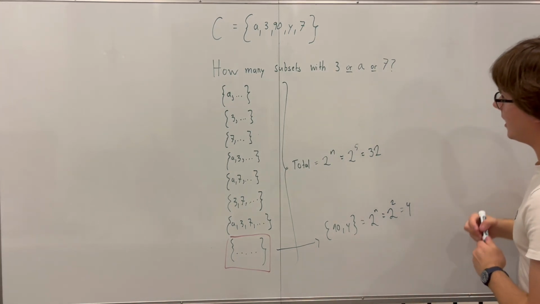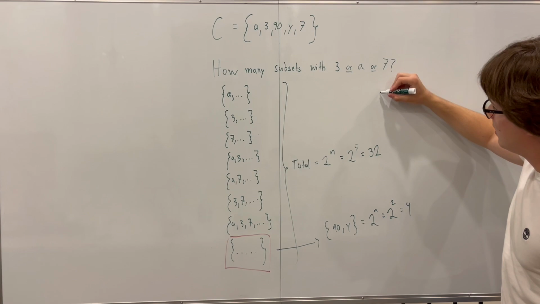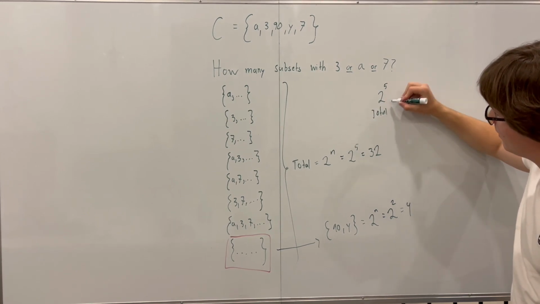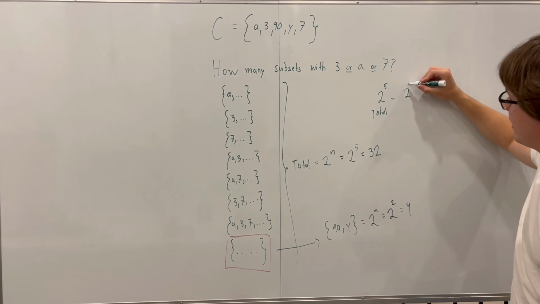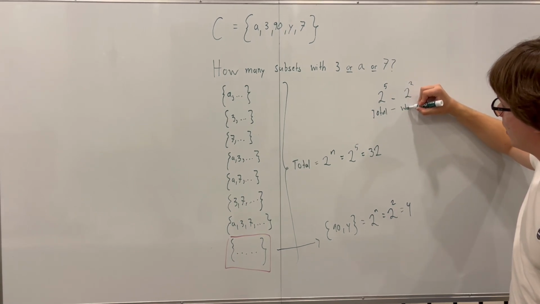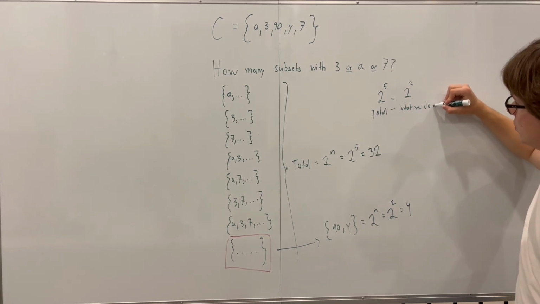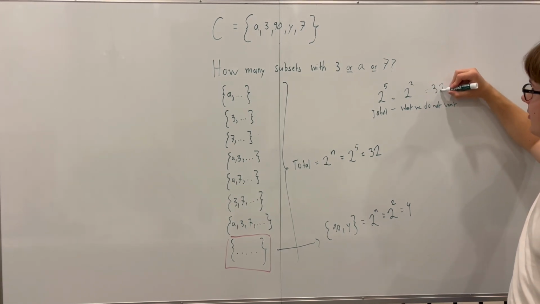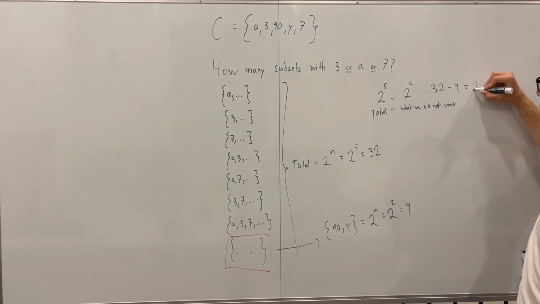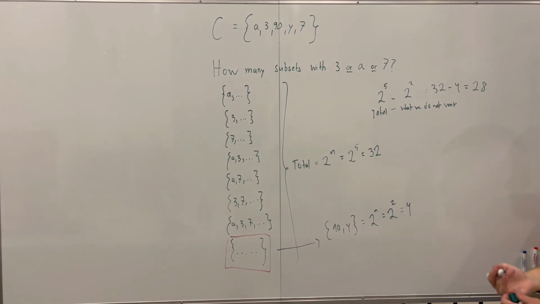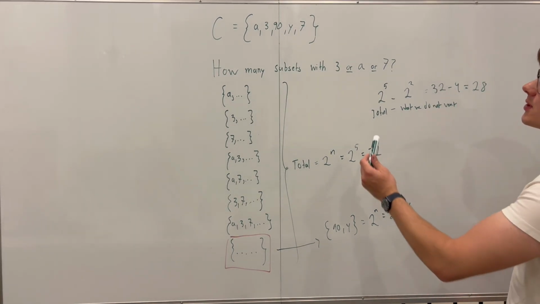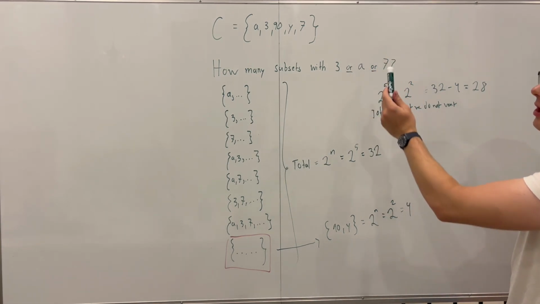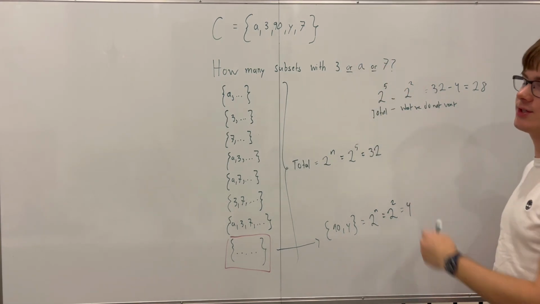So the answer is going to be 2 to the power of 5, the total, minus 2 to the power of 2, what we do not want, which is the same as saying 32 minus 4, which is 28. So this means there are 28 subsets of C that have at least a 3 or an A or a 7.